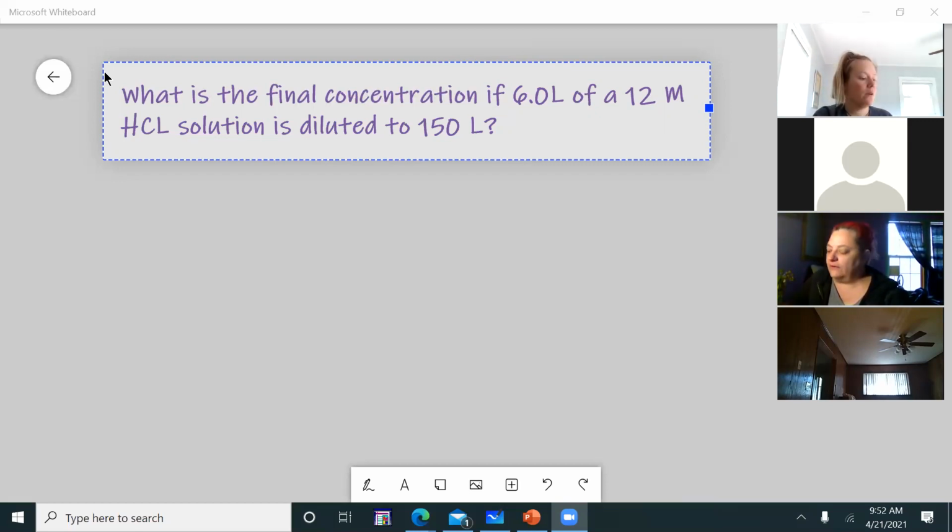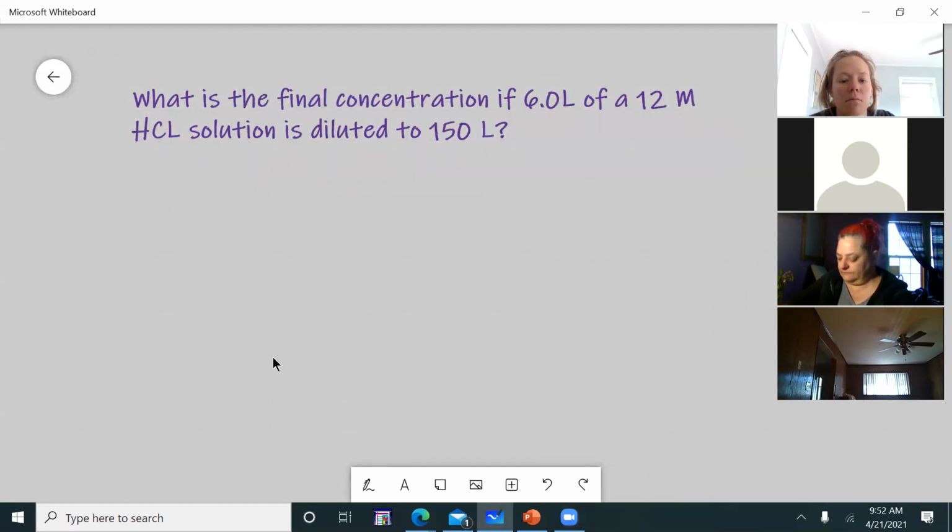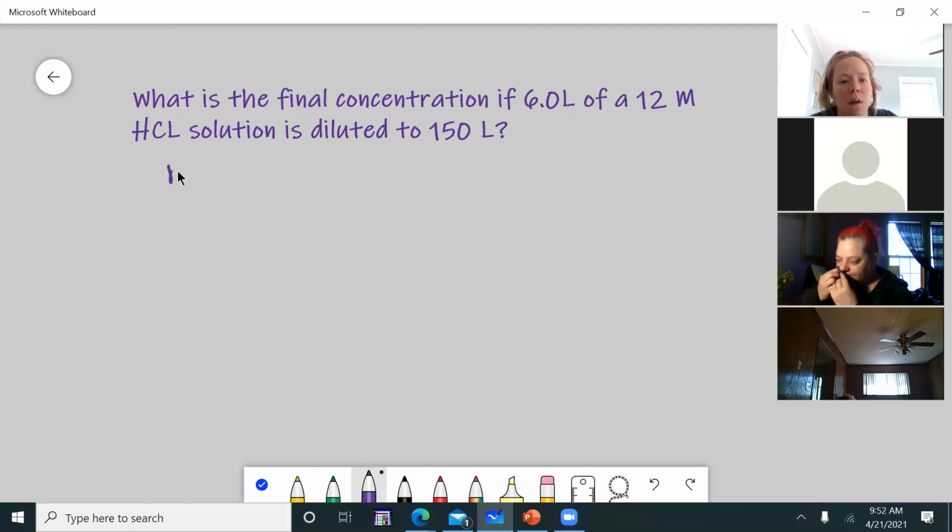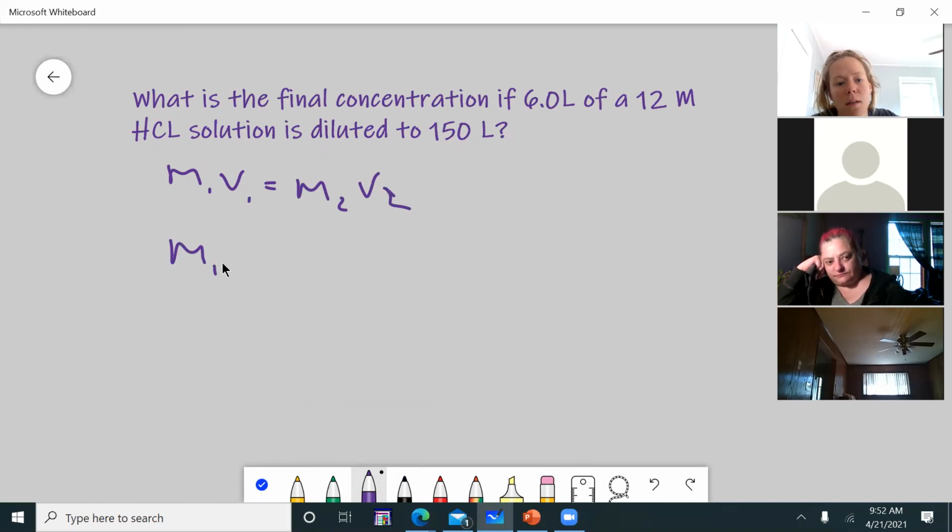Okay, so a pretty simple equation in that we just need to use M1 V1 equals M2 V2. So our M1 is our initial concentration, which we said was 12 molar, specifically hydrochloric acid.